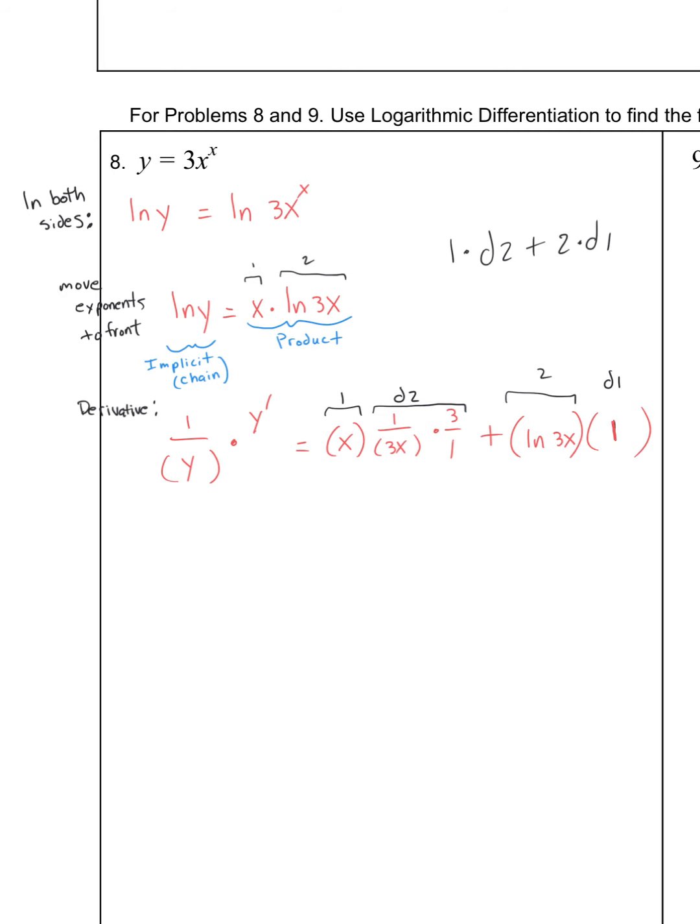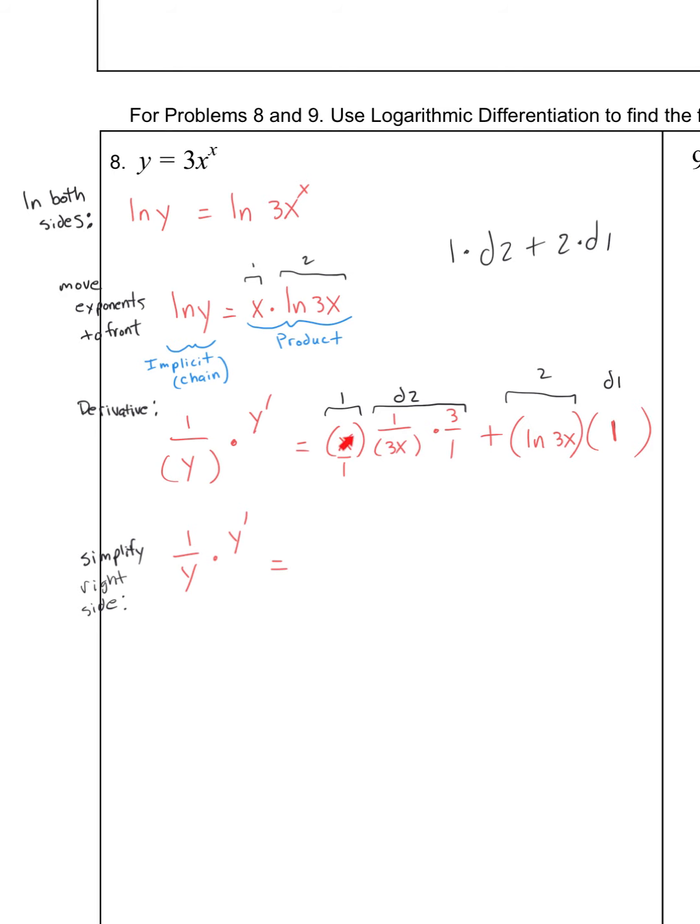Now, we want to simplify. So the next step is we are going to simplify the right side. We're going to leave the left-hand side alone for a minute, 1 over y times y prime. On the right, if we simplify this right here, hey, this is the same as x over 1.